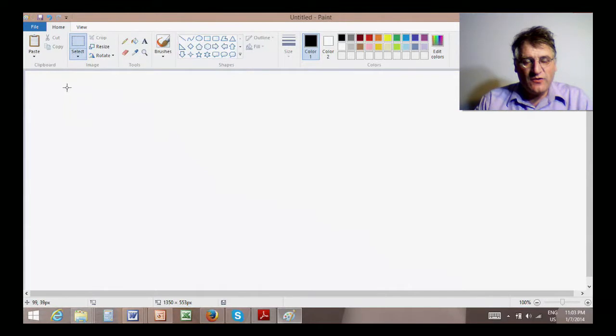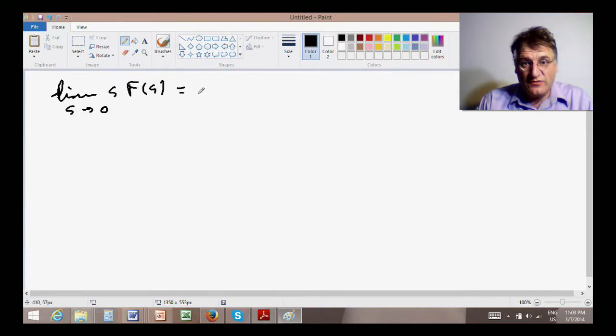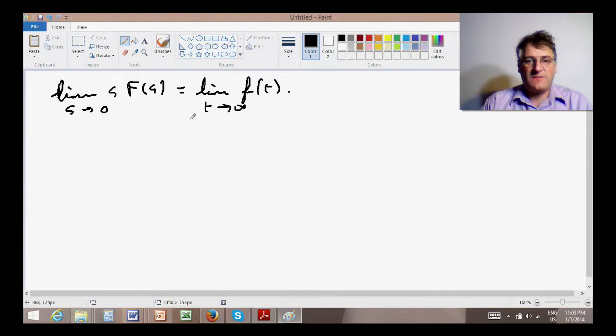And I'm going to rewrite what we had before, which is that the limit when s tends towards 0 of s times f of s is equal to the limit when t tends towards infinity of f of t. So that's one cool theorem. The other one involves s going towards infinity or t going towards 0.